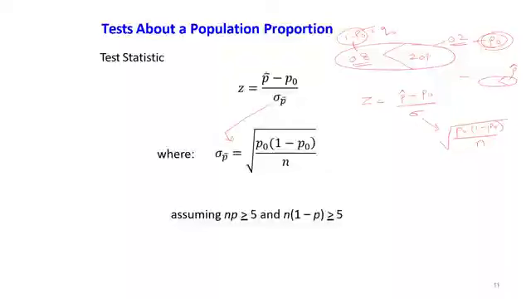This is the variance. If you want to go with the standard deviation, then you have to take the square root of the variance. And that will become my sigma. So you just need to substitute these values into this particular equation, and you can calculate the test statistic. Once you calculate the test statistic, the rest of the steps will be the same.